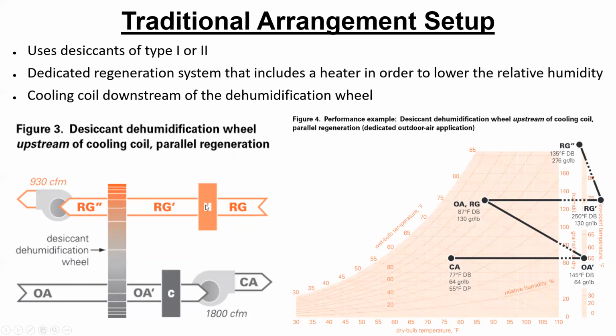But because we heated the wheel, we are gaining some temperature in the air as well. That's why we need to do some cooling before dumping the air into the space. So we provide some cooling. We're not condensing any water, so we are just going along the constant specific humidity all the way to CA, which goes into the room. So this is how it works on the psychrometric chart.